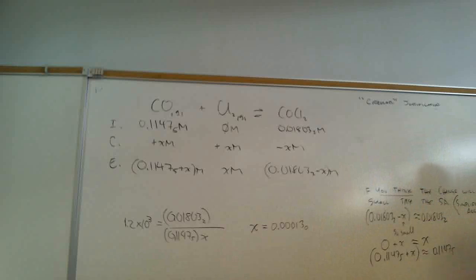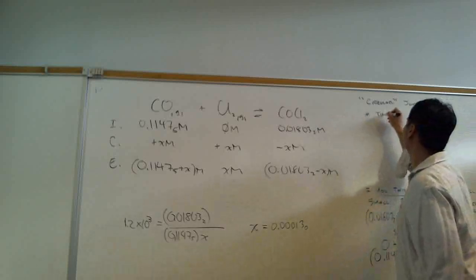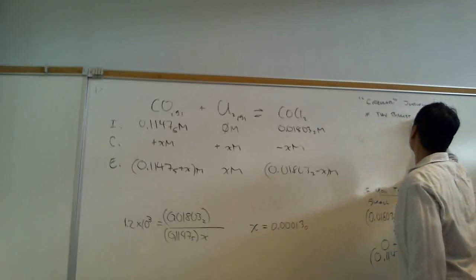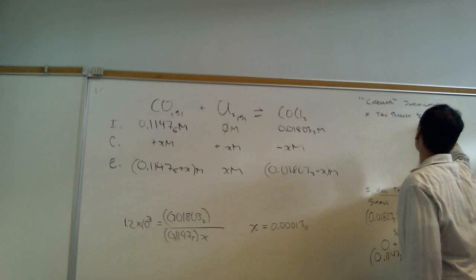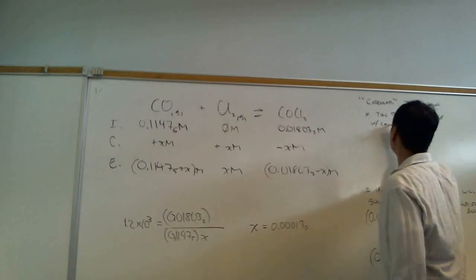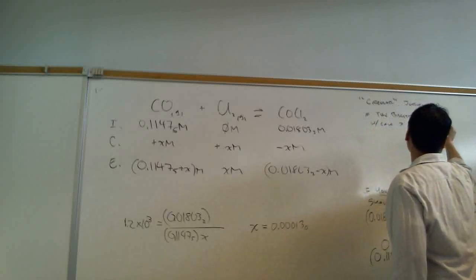The circular justification is this. If the biggest percent change with calculated x is less than 5%, then okay.